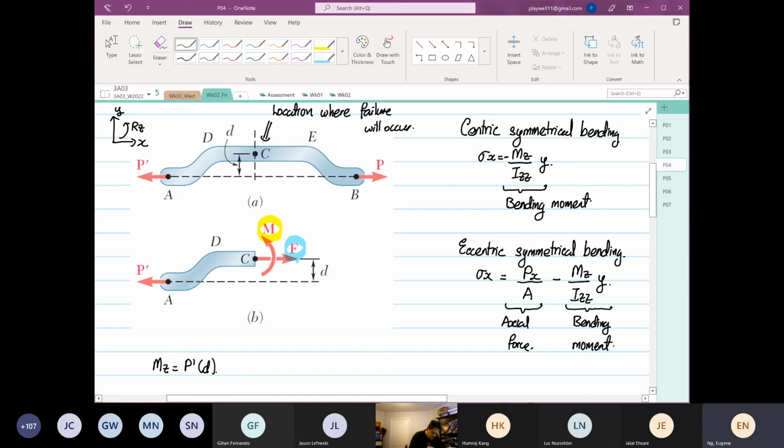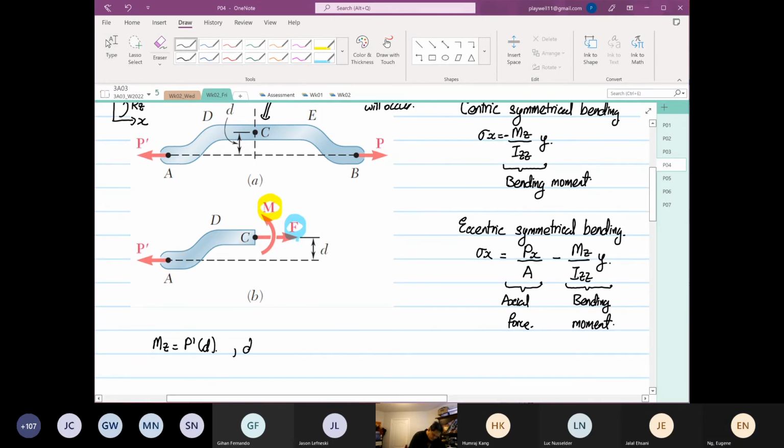And d is the distance between the applied force and the centroid.